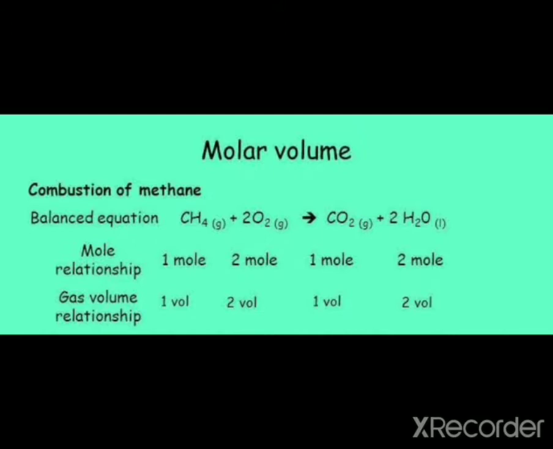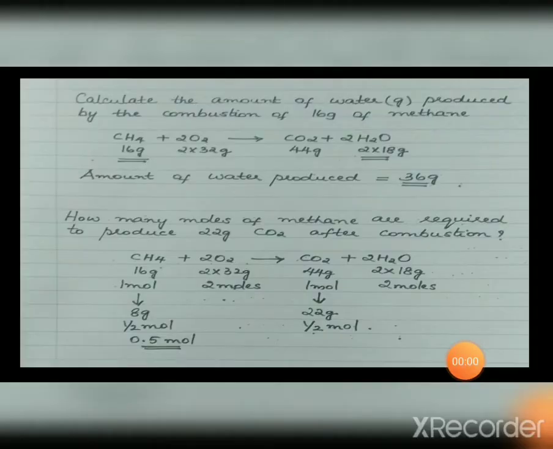Now in terms of molar mass, we can say that 16 gram of methane reacts with 2 into 32, that is 64 grams of oxygen to give 44 grams of carbon dioxide and 2 into 18, that is 36 gram of water. Calculate the amount of water produced by the combustion of 16 gram of methane.